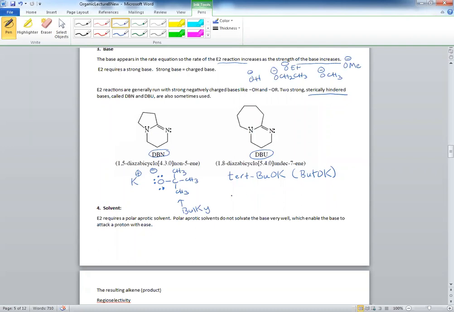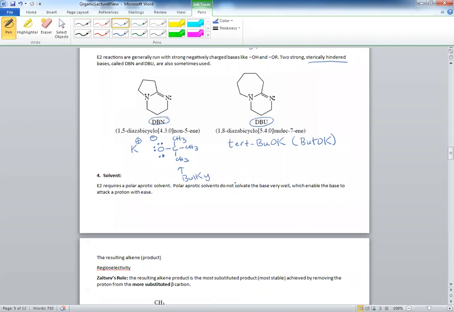These are very common bases used in organic chemistry. Again, just look at the structure of the base. Sometimes, by the way, it's drawn like this. Again, we are aware of all of this. Look at the structure of the base and judge whether it's bulky or not by how big it is.